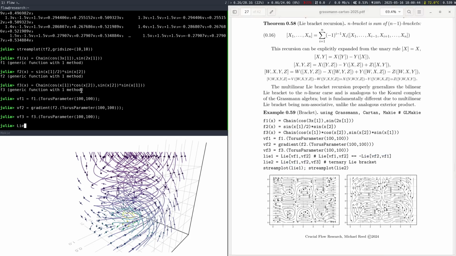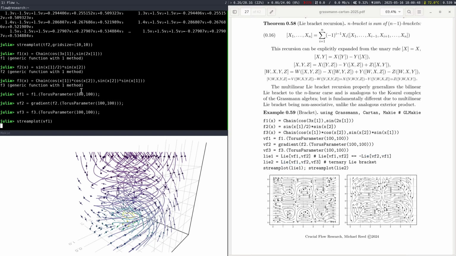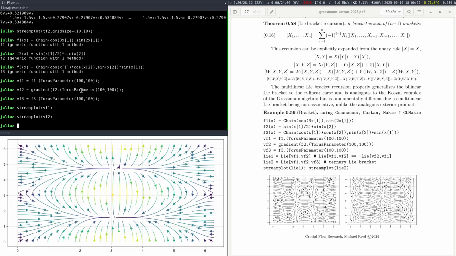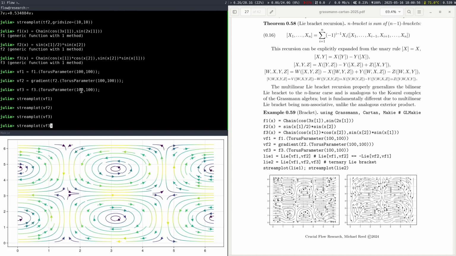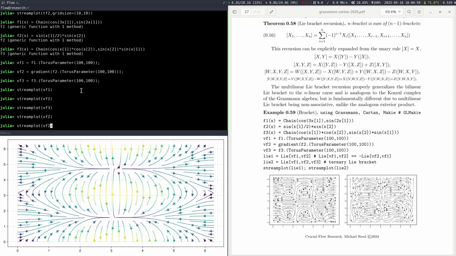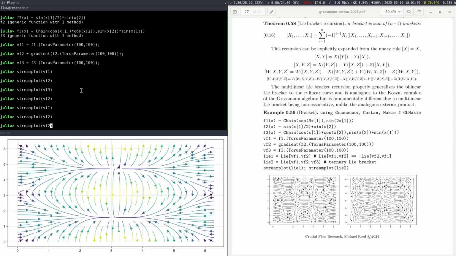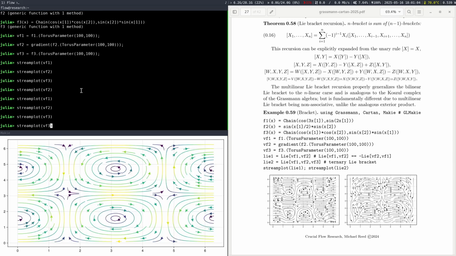So we have stream plot of VF1. Let's take a look at it. Stream plot of VF2. So we have the stream plot of these different things, right? So let's take the Lie bracket of VF1 and VF2.